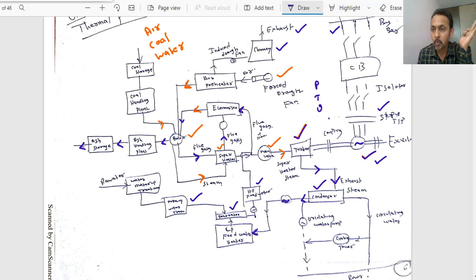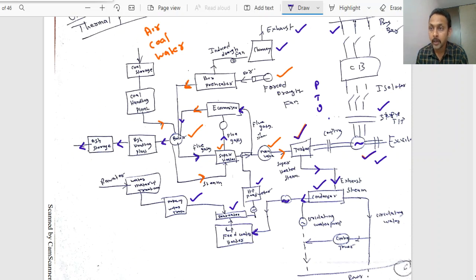That mechanical output will be coupled to the shaft of the alternator. This alternator is going to convert the mechanical energy into electrical energy. Now the steam has done its useful work. This steam should not be let out or wasted by releasing it into the atmosphere.